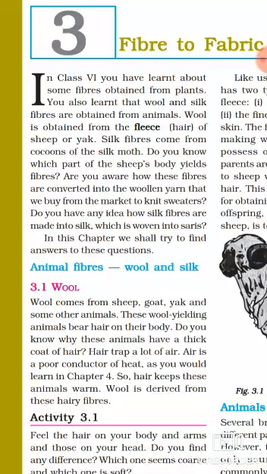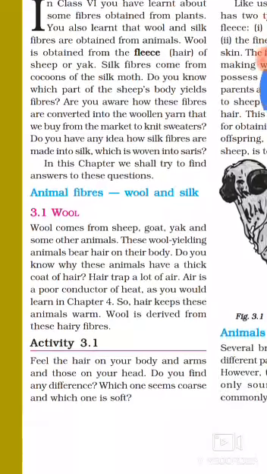So the questions are: where do we obtain the wool from the sheep's body, how are the fibers converted into woolen yarn, and finally how are the saris or sweaters made from that yarn? In this chapter we shall try to find answers to these questions.